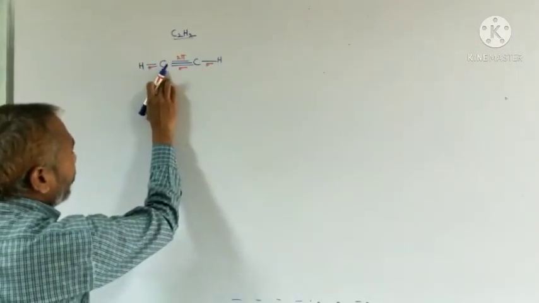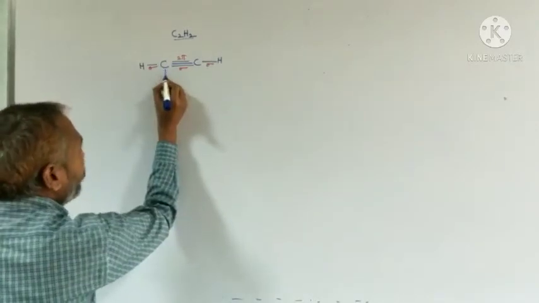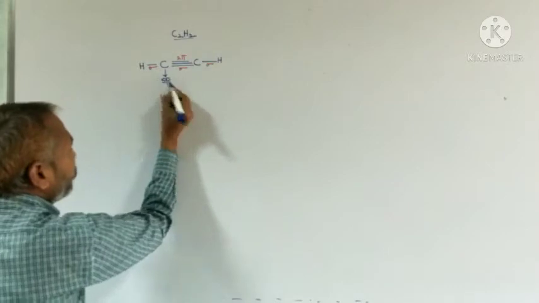Here, the carbon contains 2 sigma bonds, that's why it undergoes sp hybridization.